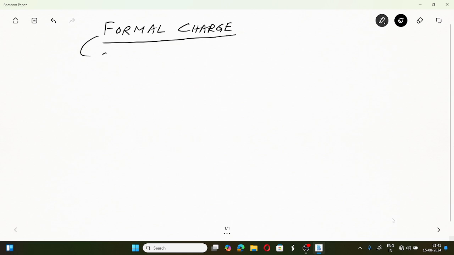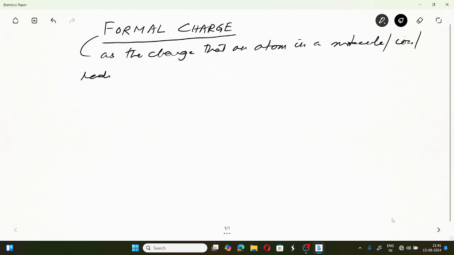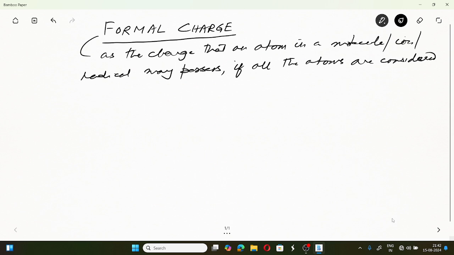It may be regarded as the charge that an atom in a molecule, ion or radical may possess if all the atoms are considered to have the same electronegativity.